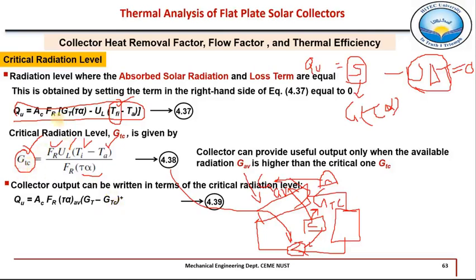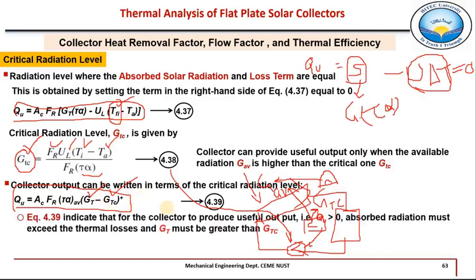We can introduce this GTC here in this equation. After one or two mathematical steps, we can write the same useful heat gain in terms of available solar radiation and critical radiation value, by separating this term FRUL, TI minus TA. TI or TFI means the same thing.